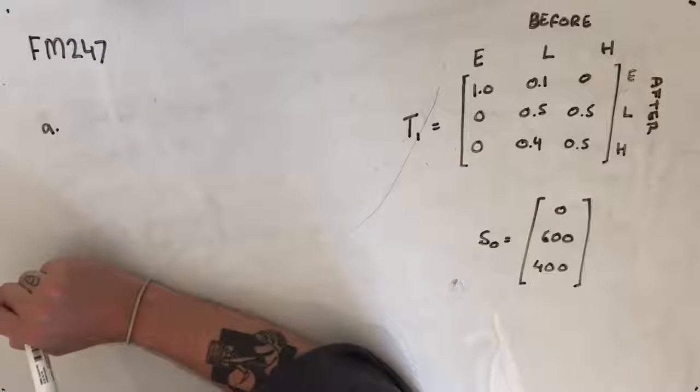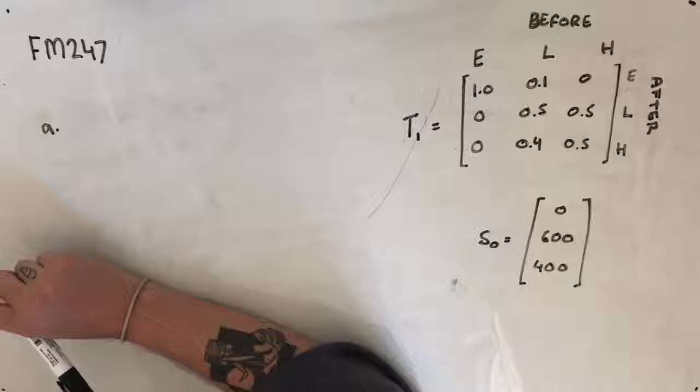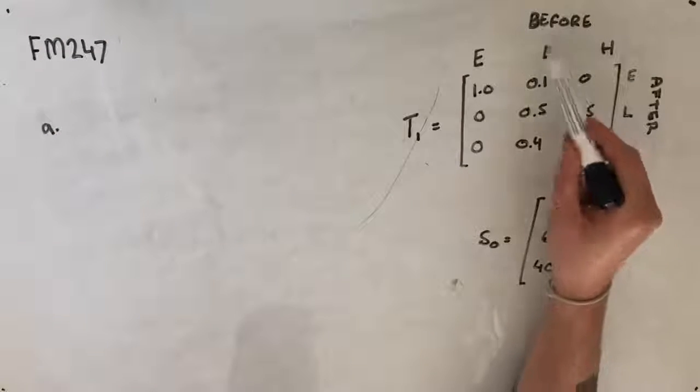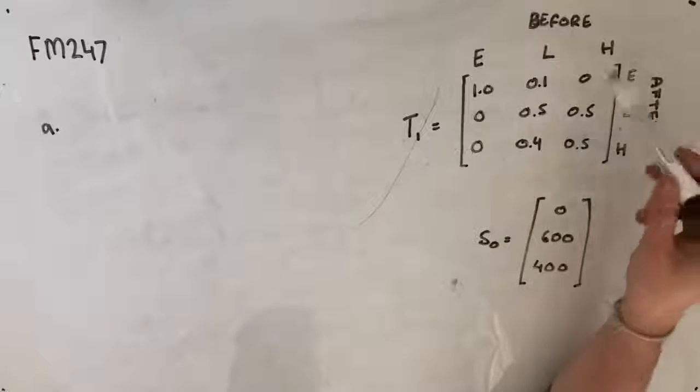Question A says the element in the first row and second column of matrix T1 is the number 0.1. Explain what this tells you about the lower band soldiers in the program. As you can see here, this 0.1 is lining up with soldiers who are in the lower band before an assessment and are eliminated after the assessment.